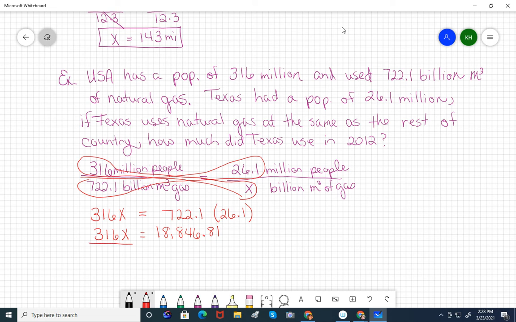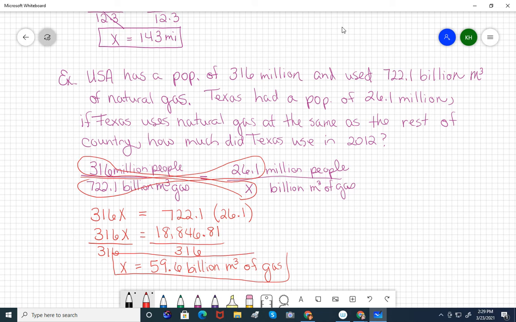If I divide to find out what x is, I get x is equal to, and I'm going to do it to the nearest tenth, 59.6. And remember, this was billion cubic meters of natural gas. But it solved exactly like the previous problem. If things are being used at the same rate, we can just set up a proportion.